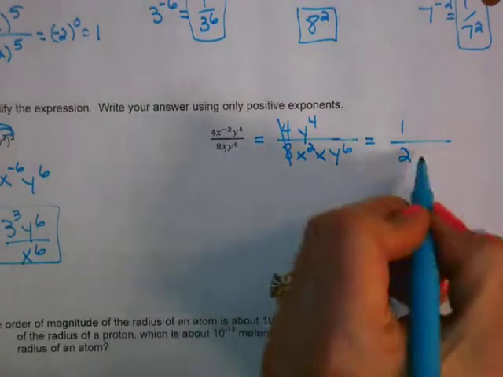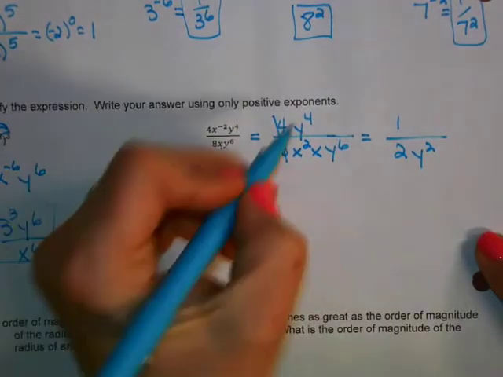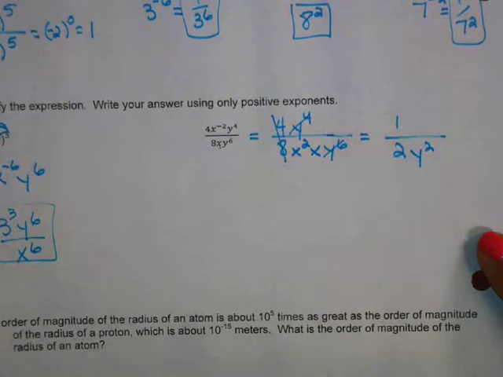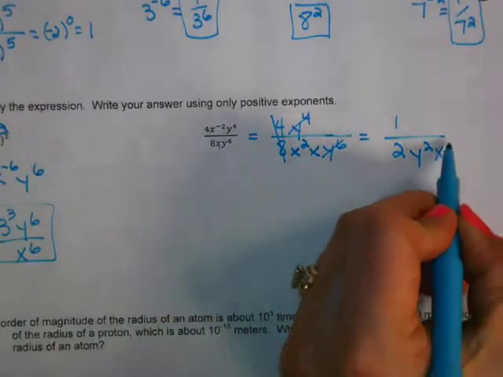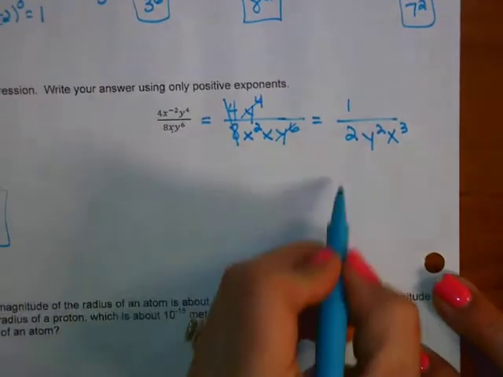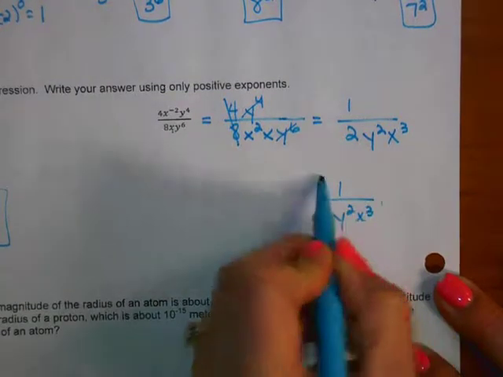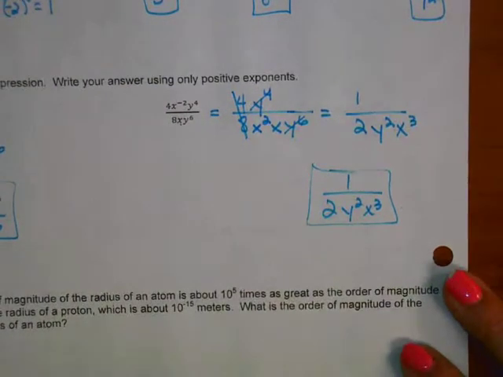So they would go down here, y squared. I took care of the y's. And then x squared times x, how many x's in the bottom? X cubed. So there, that's as far as you can go with that. So I'm just going to make it a little bit prettier. It doesn't matter what order you put those variables in. Okay? All right, almost done.